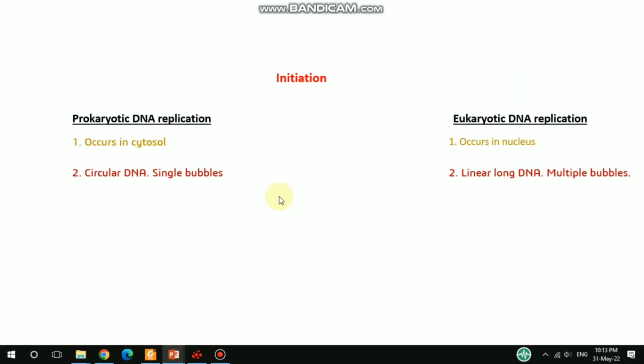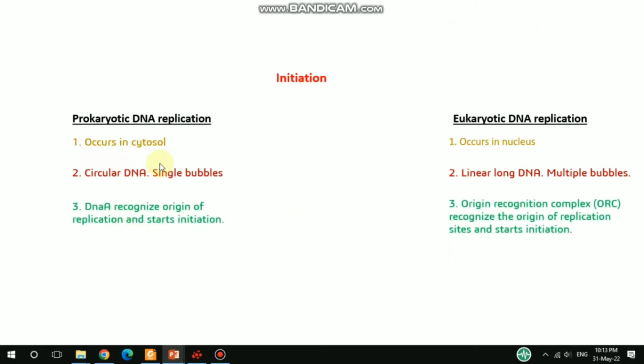Number 3: in the prokaryotic system, DNA A recognizes the origin of replication and starts the initiation process, whereas in the eukaryotic system, the ORC, or origin recognition complex, recognizes the origin of replication sites and starts initiation. So here the ORC can recognize, here DNA A can recognize.